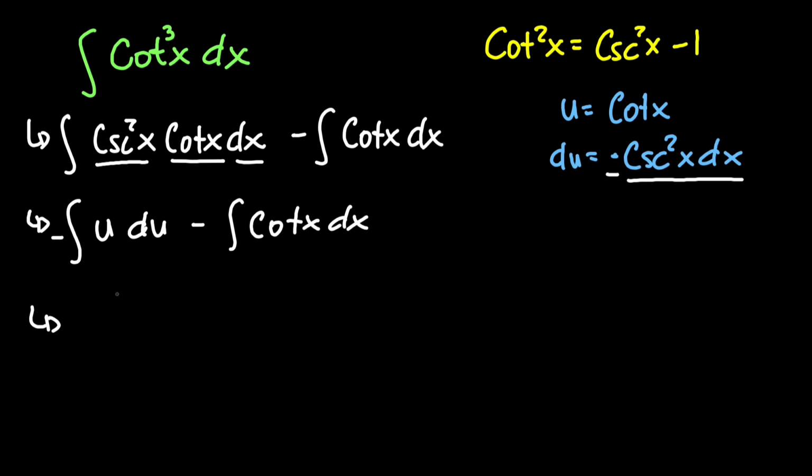And so integrating this, we would have negative u squared over 2, which is the integral of u du, minus the integral of cotangent of x, as we had solved earlier, which would be the natural log of the absolute value of sine of x plus c.